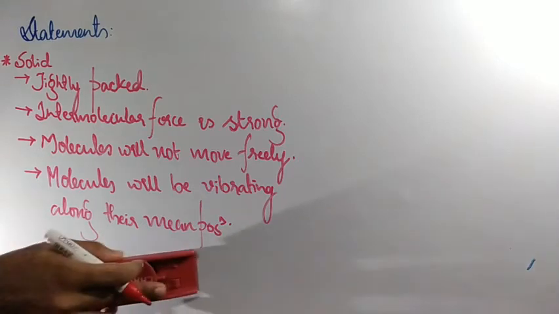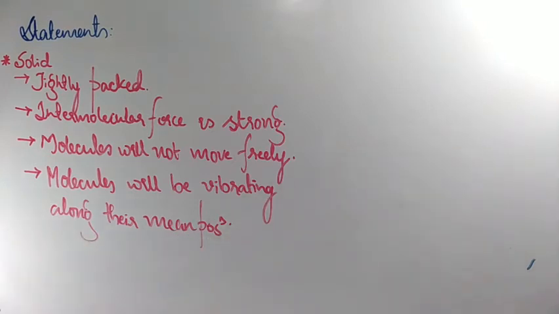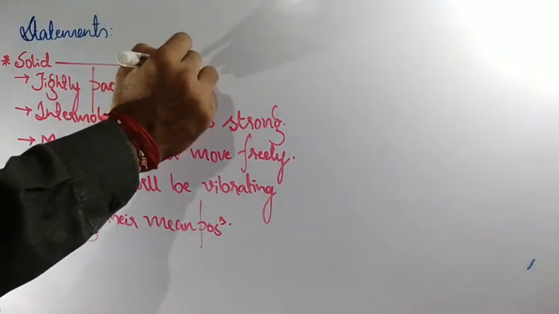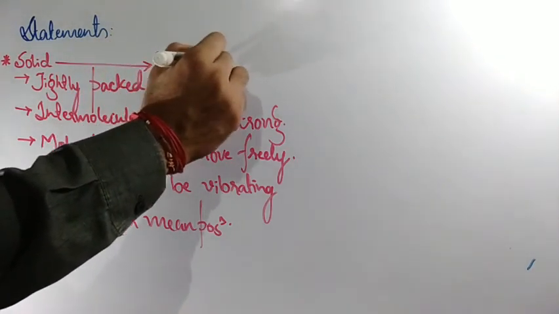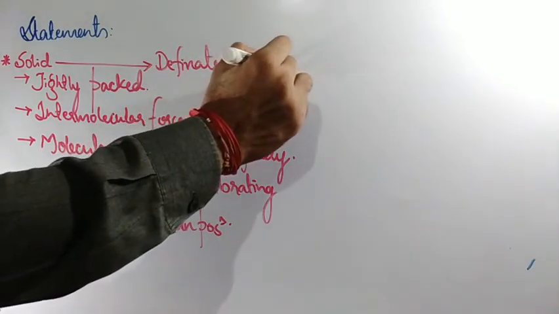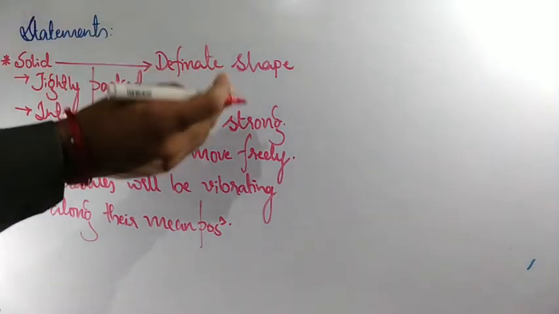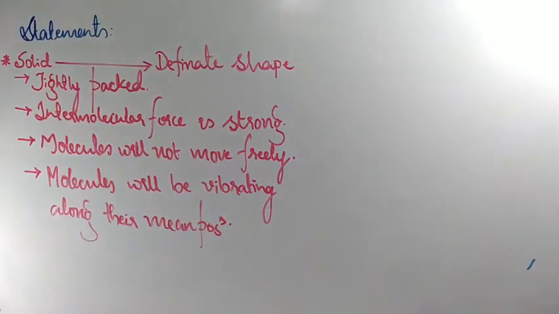And solids will have a definite shape as well as size. So these are the points related to solids basically. Shall we go to the next part? That means in the case of liquids, what things do we have.